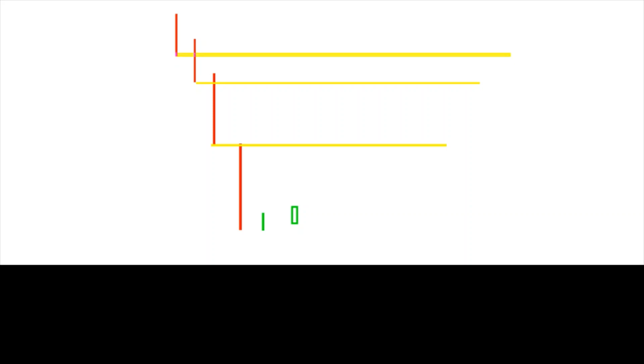Once price finds a bottom and starts to move up, I'm going to show you the easiest way to find targets. One, Fibonacci from the top here to the pivot low. The next one would be identifying the bottom of these. This would be target 1. This could be target 2. And this could be target 3.